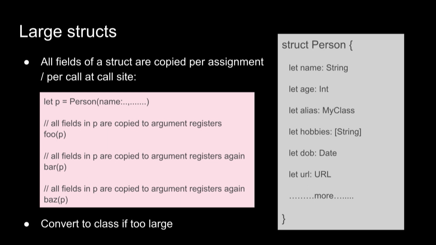On the left, we have several function calls with the same struct argument. As you can see, every time a function is called, the fields inside the struct argument are copied to the argument registers per call at the call site. This leads to size increase. So if you have a large struct, it might be better to use a class instead.